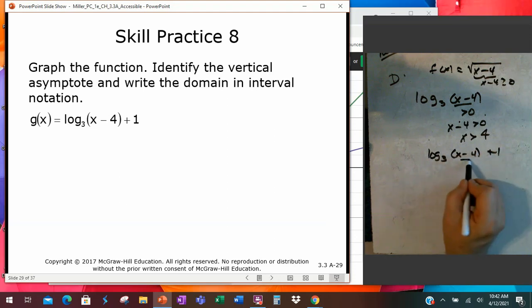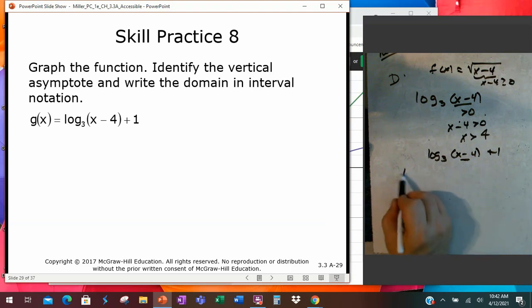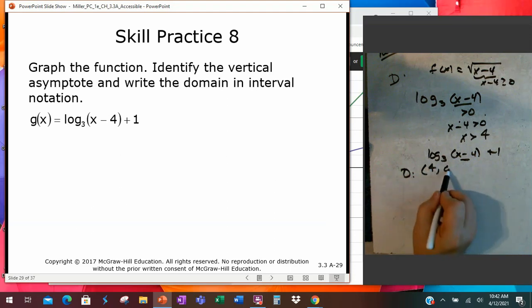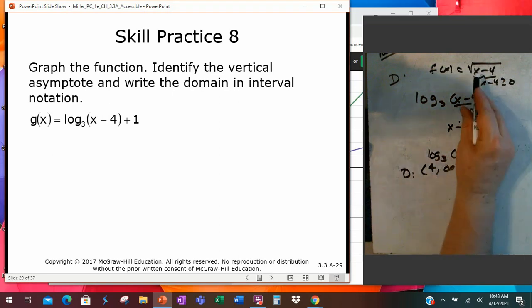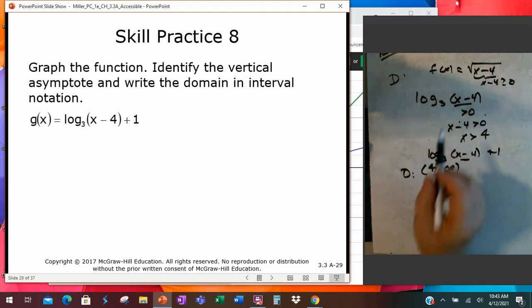The domain would be 4 to infinity, not equal to 4. With the square root I could have this equal to 4, since the square root of 0 is 0. Here I can't do this.